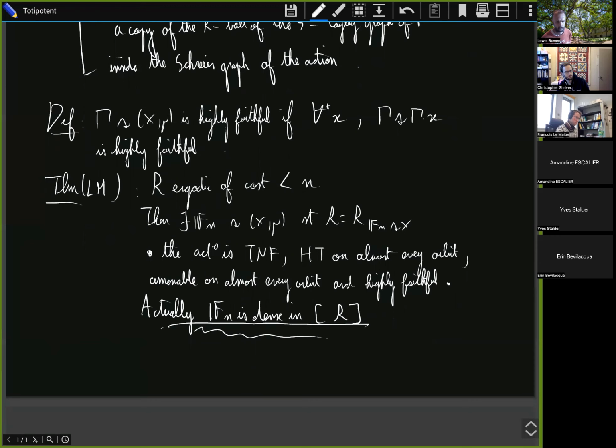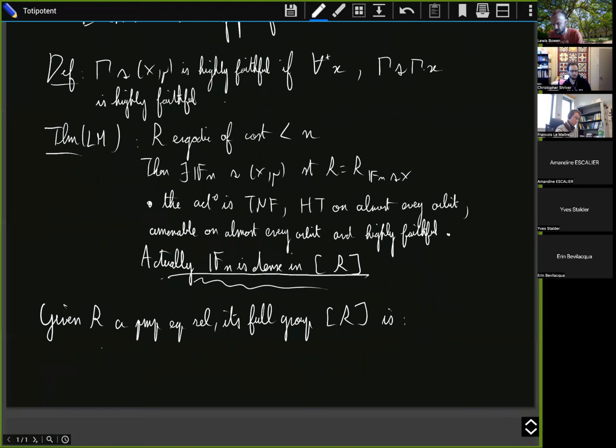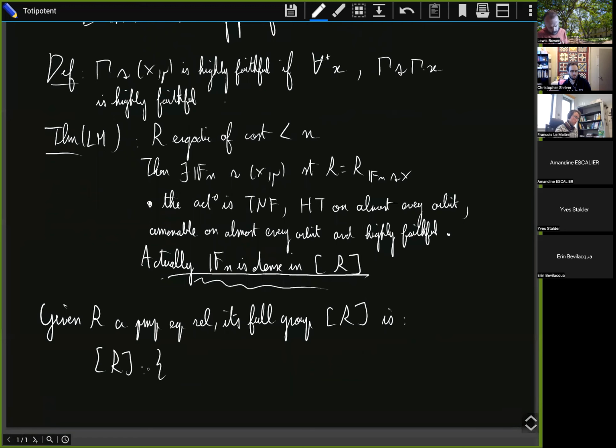So, given R a PMP equivalence relation, its full group [R] is the group of all T from X to X, measure preserving bijections, such that for every x in X, x and T of x are related.